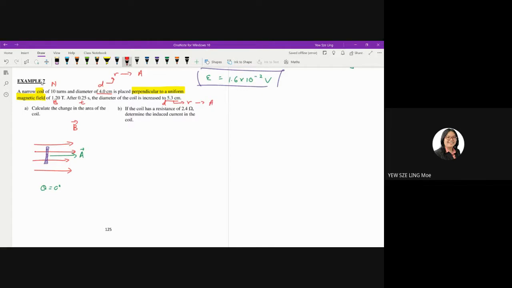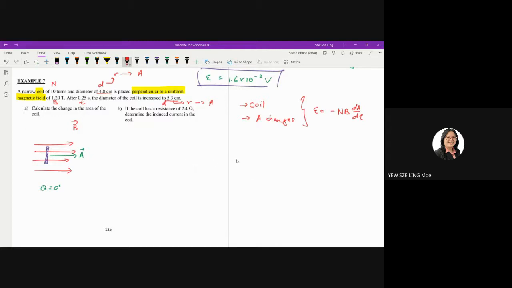Meaning that when it comes to example 7, what we have is a question about a coil, and in this question, A changes. Coil and A changes, meaning that we are going to use EMF equals negative N B dA over dt. That would be the equation that we're going to use in example 7.